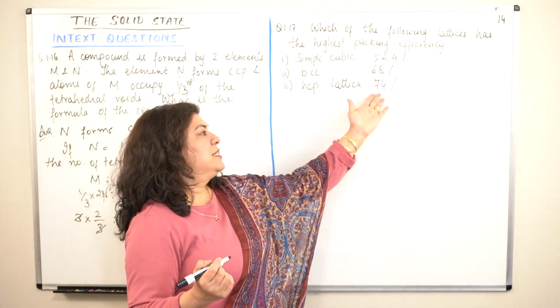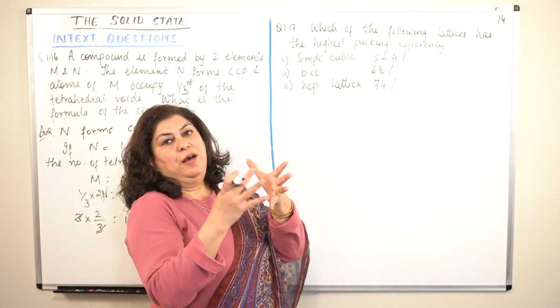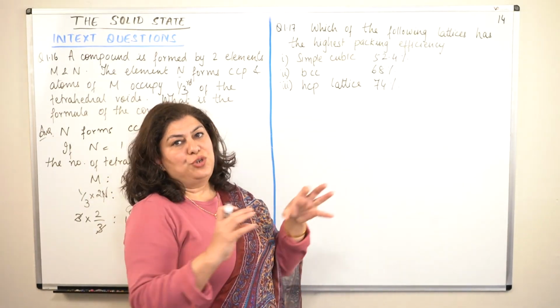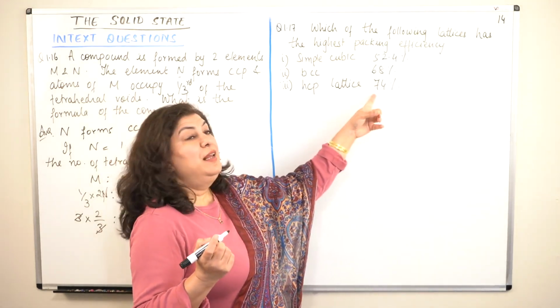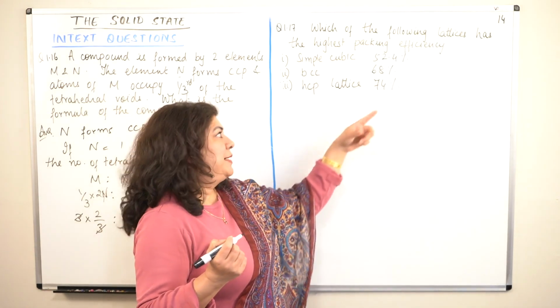Whichever has the highest percentage of atoms per unit volume, that is the highest packing efficiency, which comes in HCP, which is 74%.